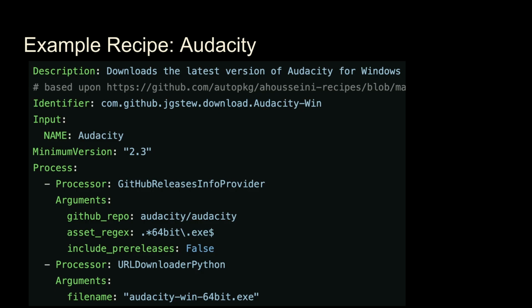Here's an example recipe for Audacity. This is a download recipe. Anything that's hosted on GitHub releases, you're going to see something like this. One of the things that you find as you're doing this a lot with AutoPkg is there's only so many different types of download recipes, like maybe 10 or 20 different kinds.